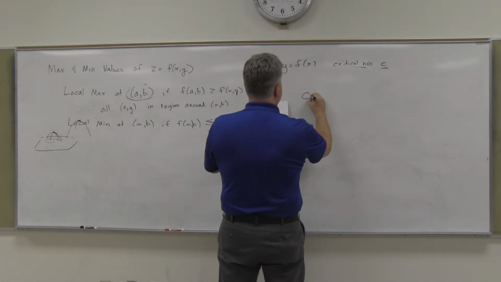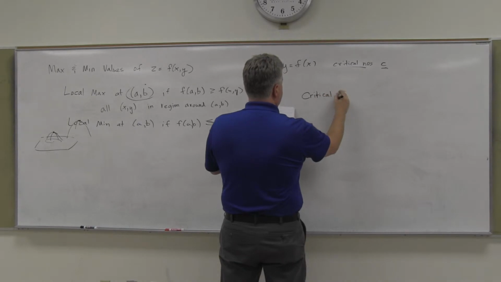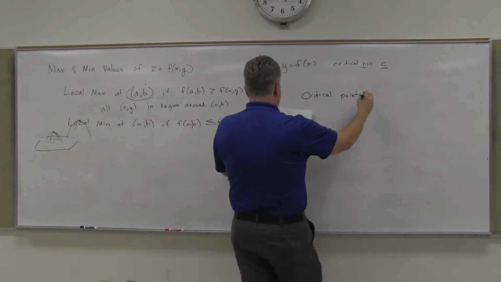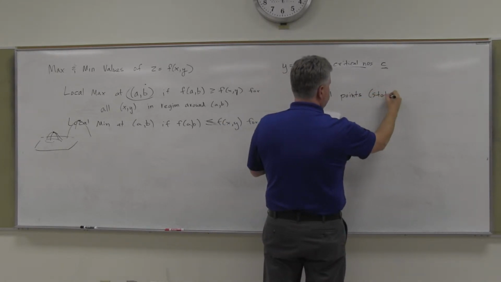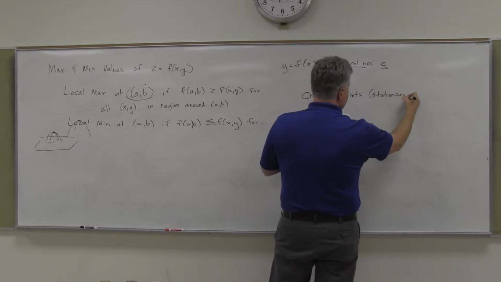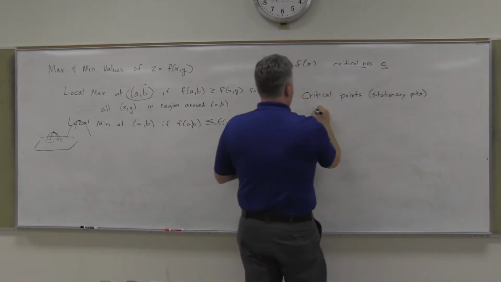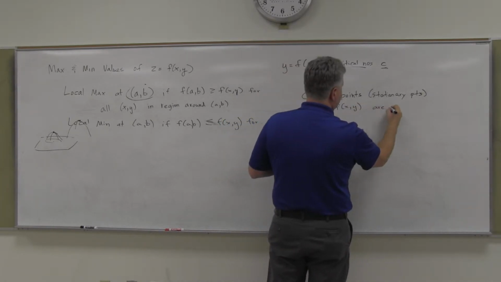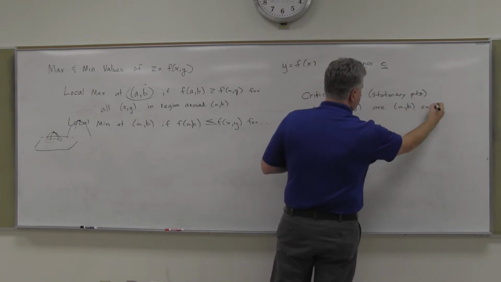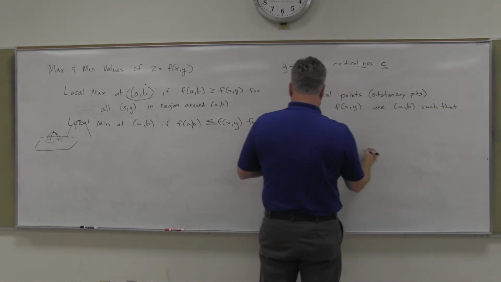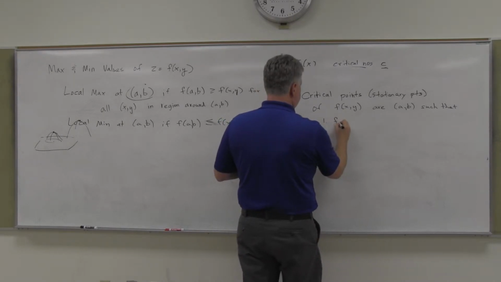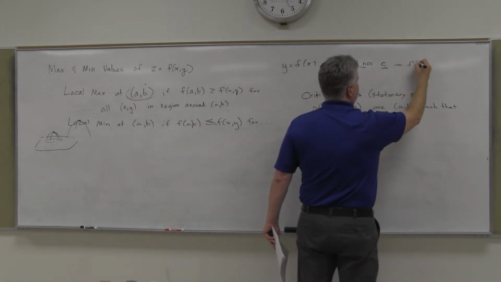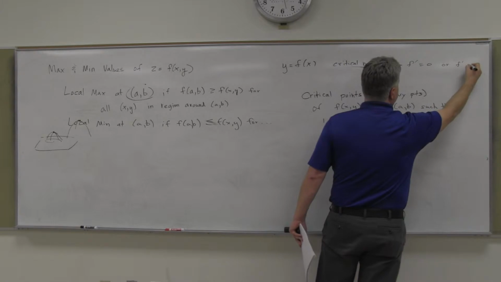We'll call them critical points, since we'll have to have an x and a y value, or they also call them stationary points. So critical points of f of x, y are a, b such that, one, okay, so for critical numbers, that's f prime equals 0 or f prime does not exist.